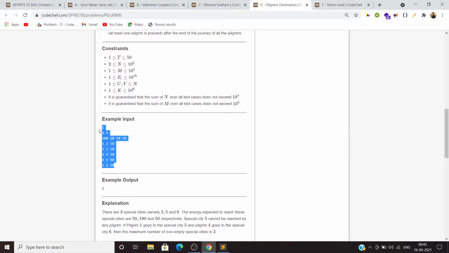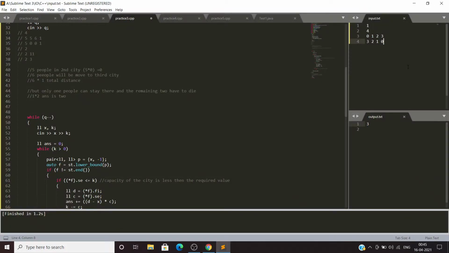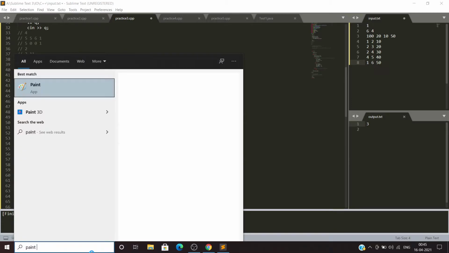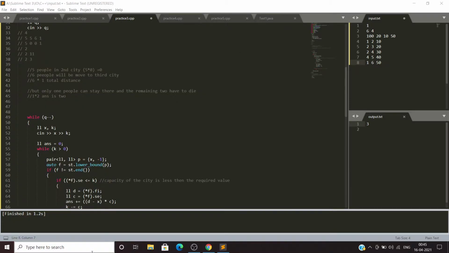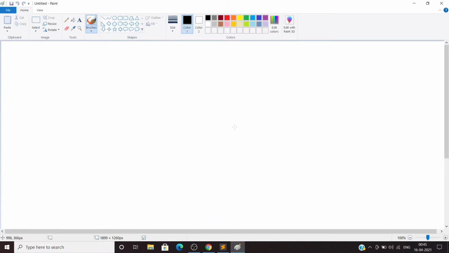So what we are given here, let's take this example. It will be better if I just draw this, because it is a tree problem. So let's try to draw this.